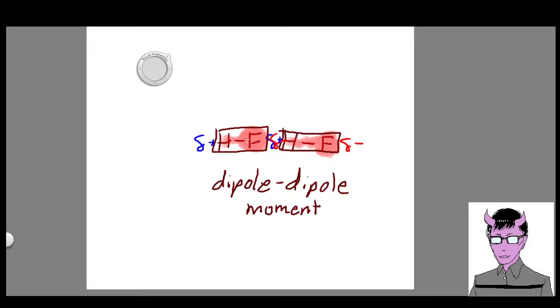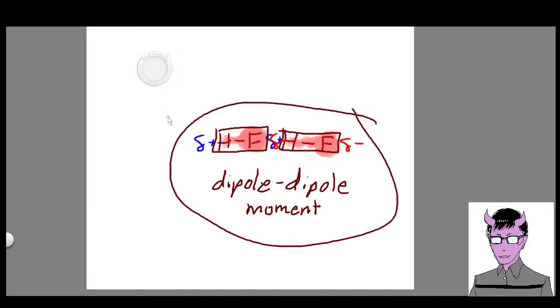And again, the dipoles arise from the unequal distribution of electron cloud densities because of the unequal electronegativities between the atoms. So there we go.